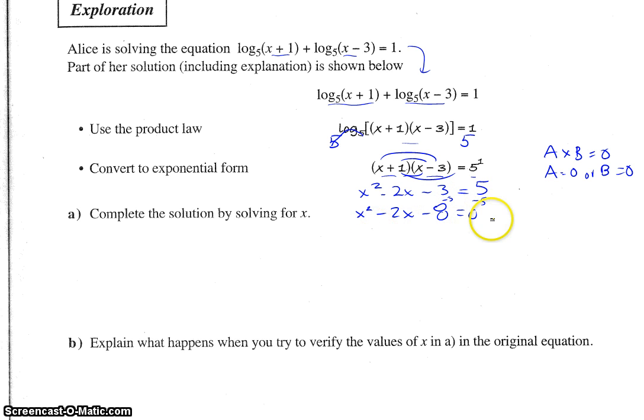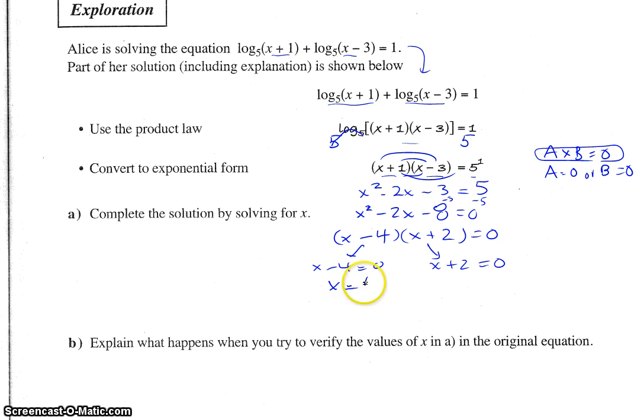Now that it's equal to 0, which is what we needed, we're going to factor. x times x gives us x squared, and what multiplies to negative 8 and adds to negative 2, or has a difference of 2, would be minus 4 plus 2. Now that it's nicely factored, we're going to branch each factor off to equal 0 using our zero product law. So x would equal 4 if we solve that equation, and x equals negative 2.